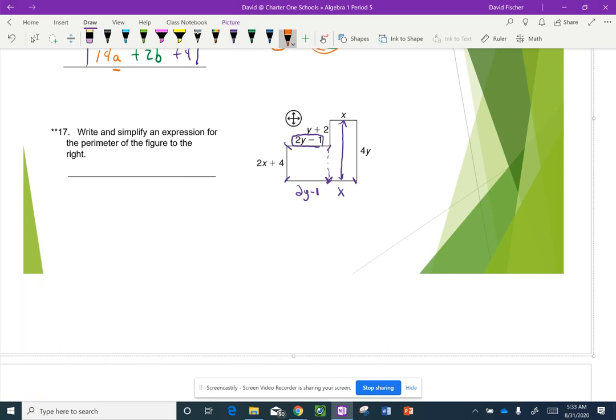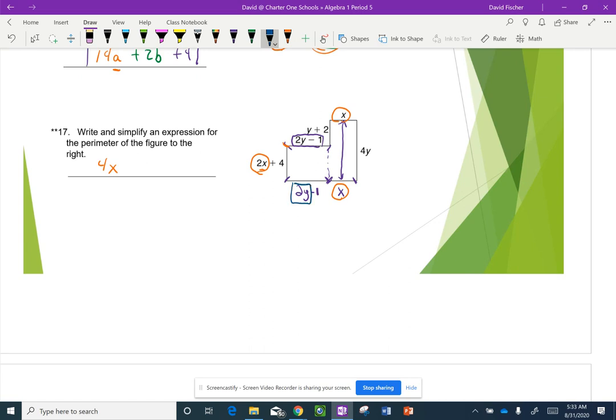So now I'm going to have a starting point. Alphabetical order, my x's come before y's. So I'm going to count up all my x's. I have 2 x's there, 3, 4, and it looks like that's it. So I have 4x. Now I'm going to count up my y's.